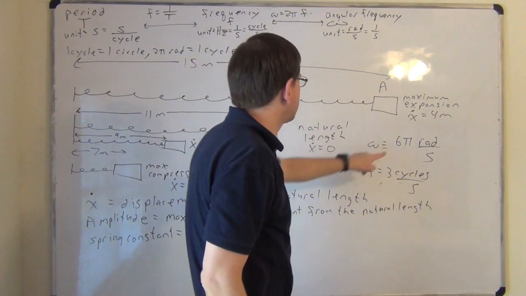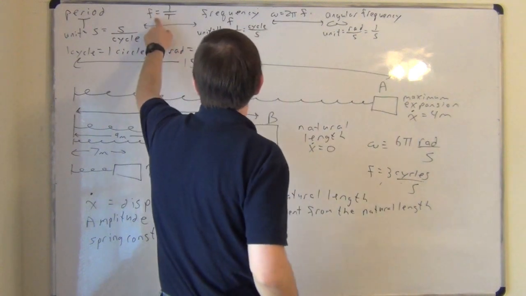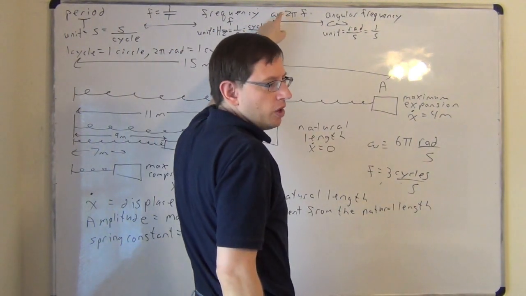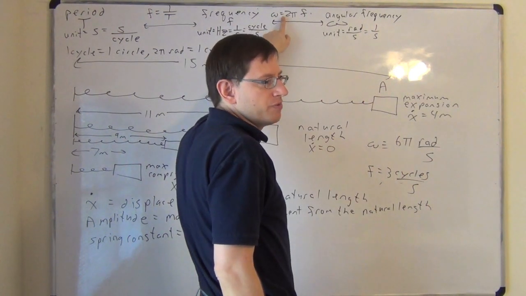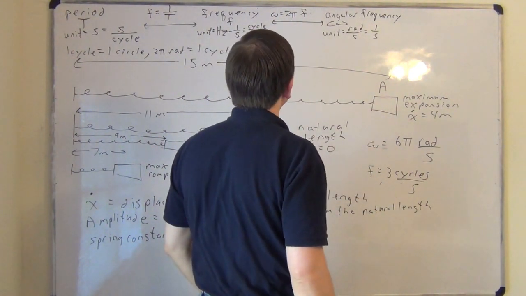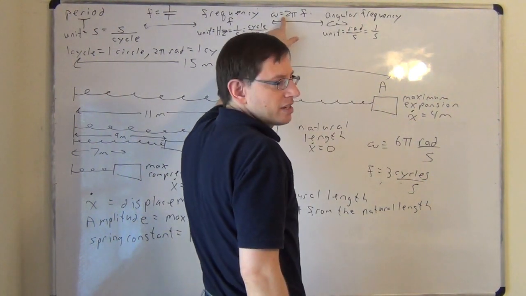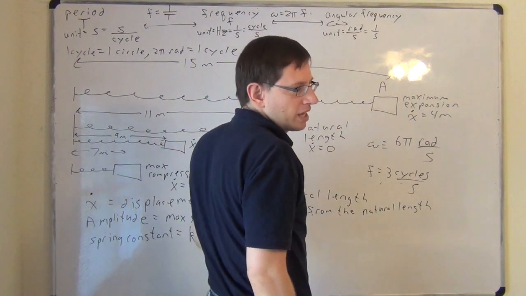Yeah, because 6 pi is 2 pi times 3. So notice what we're trying to do in this flowchart is show the formula that links up all the concepts. This is a formula that technically you could figure out if you forgot it by using these little examples. Hopefully it'll just be given to you on the formula sheet on the test. So here's the relationship between omega and F.